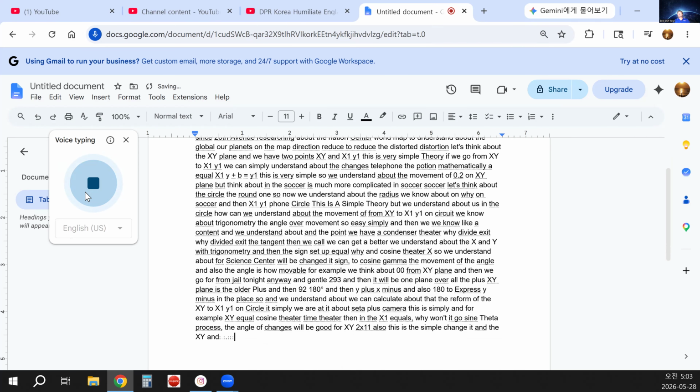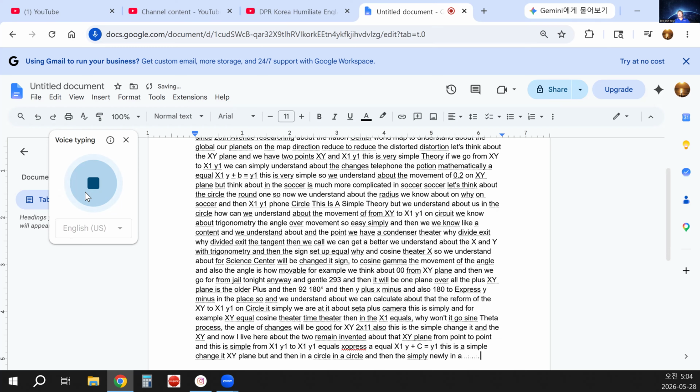Now I review the two main events on the XY plane from point to point. From X, Y to X1, Y1: X plus A equals X1, Y plus B equals Y1. This is a simple change on the XY plane. But in a circle, mathematically, we use trigonometry.